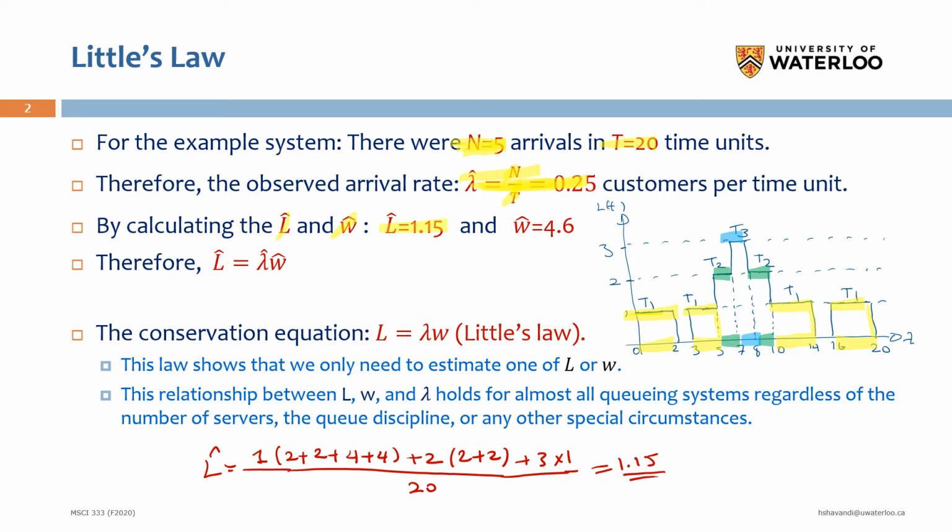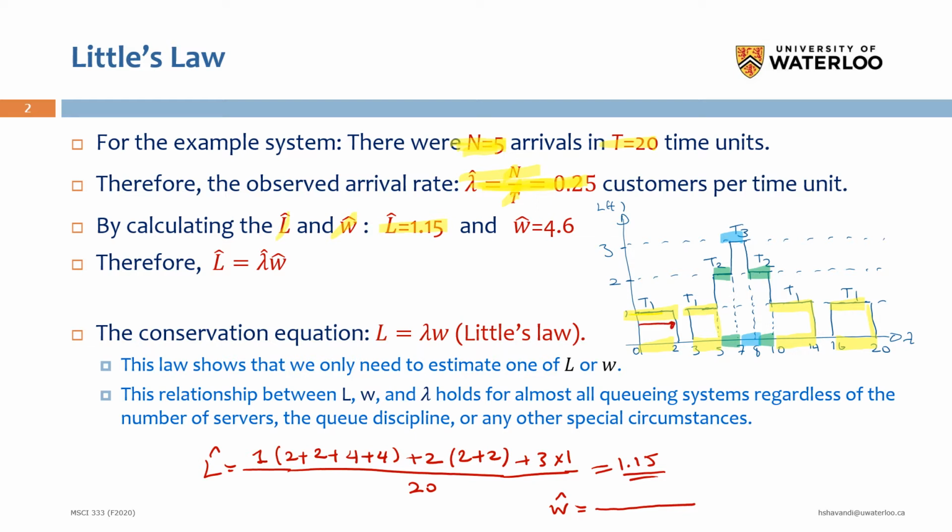Okay, and for W hat, I mean the average total time spent by a customer in the system, we calculate this here as well. If we take a look at the graph, customer number 1 arrives at the system at time 0 and departs at time 2.